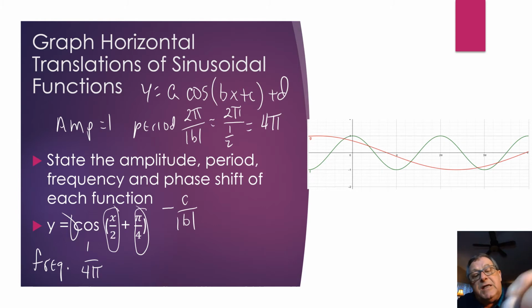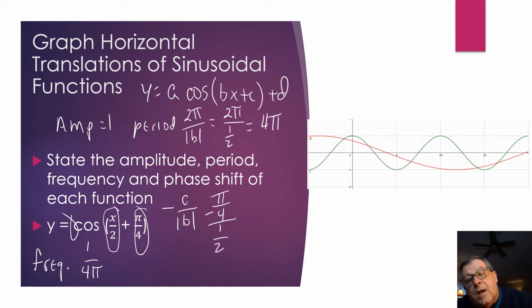In this case, c is pi over 4, and this is negative, and the absolute value of b is 1/2.